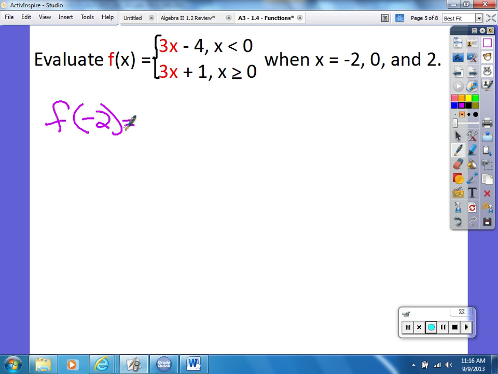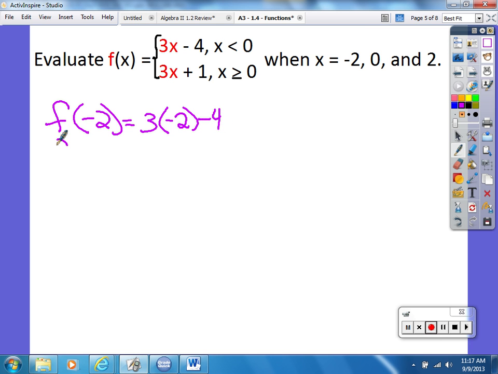Is negative 2 less than 0, or is negative 2 greater than or equal to 0? The top one, right? So I'm going to plug negative 2 into the top equation, meaning I'm going to plug negative 2 into 3 times negative 2 minus 4. I don't care about the bottom equation at all because it doesn't fit my constraint. And that's actually what we call these, our constraints.